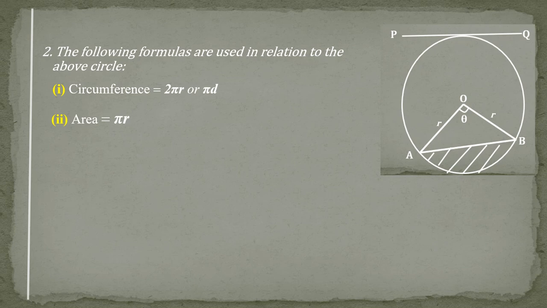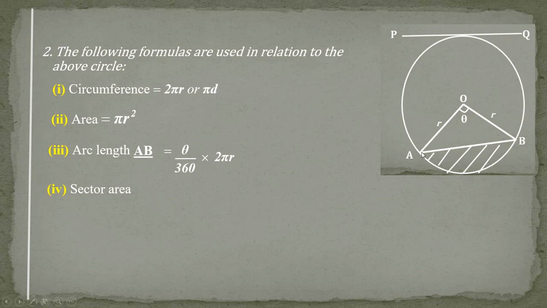Area is given as pi r squared. The arc length is given as theta out of 360 times 2 pi r. Now let us first look at the arc length.